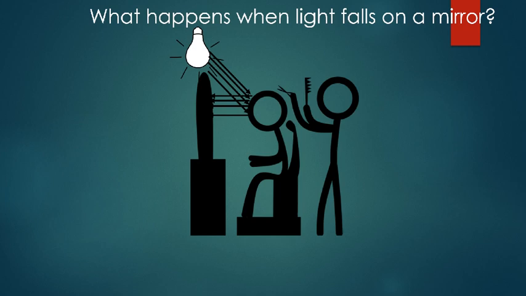Now, as far as the mirror is concerned, how can you show it on a piece of paper? We can't draw a rectangular mirror and draw all the ray diagrams. The simplest way to draw the mirror is to just draw a straight line.